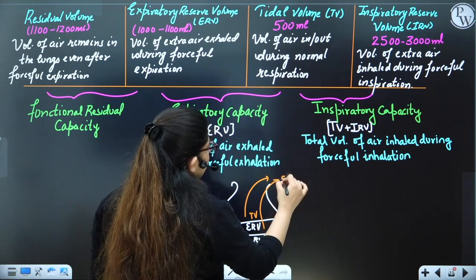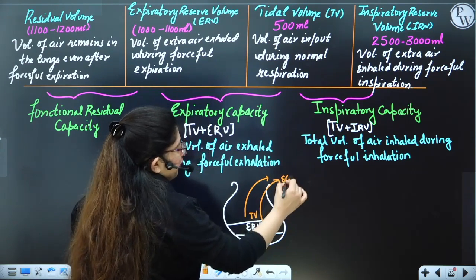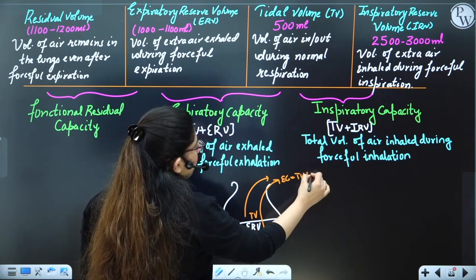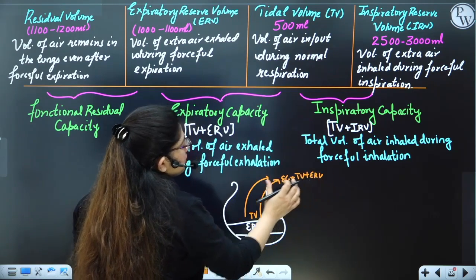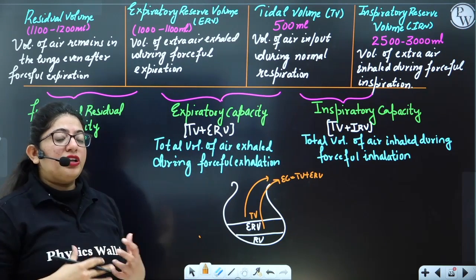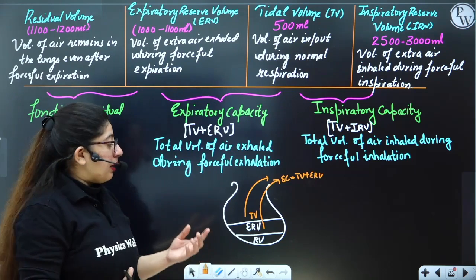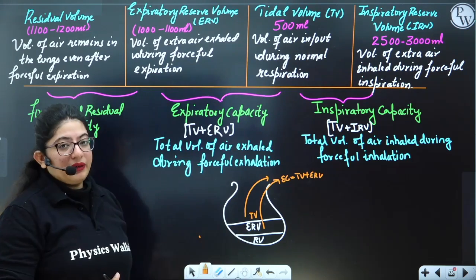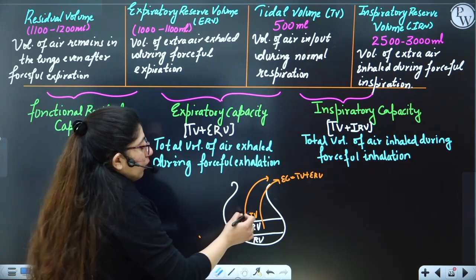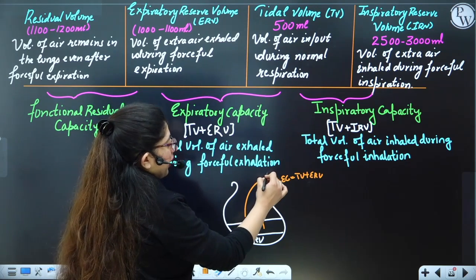That is expiratory capacity. So expiratory capacity is TV plus ERV. This amount of air moves out when you are expiring forcefully. But when you are expiring normally, the only amount of air that is moving out is tidal volume.